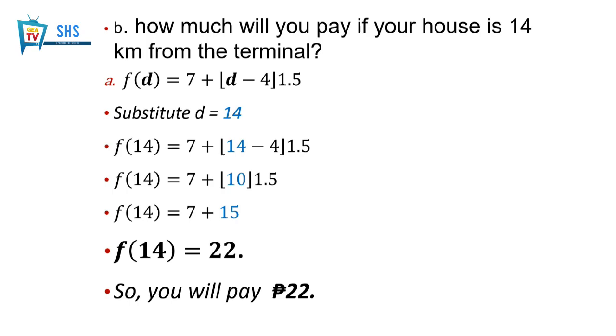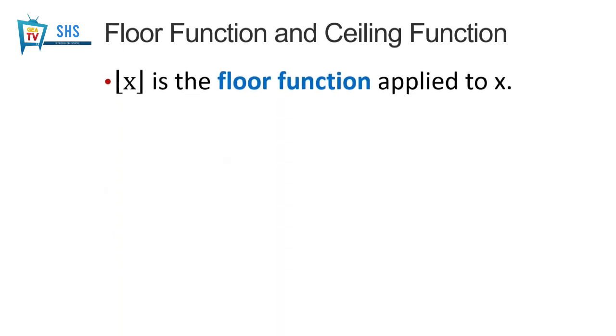Note that this symbol is a floor function applied to x. Examples: 4.1, 4.2, 4.9. All of them will be rounded down to 4 because the floor function gives the largest integer less than or equal to x.